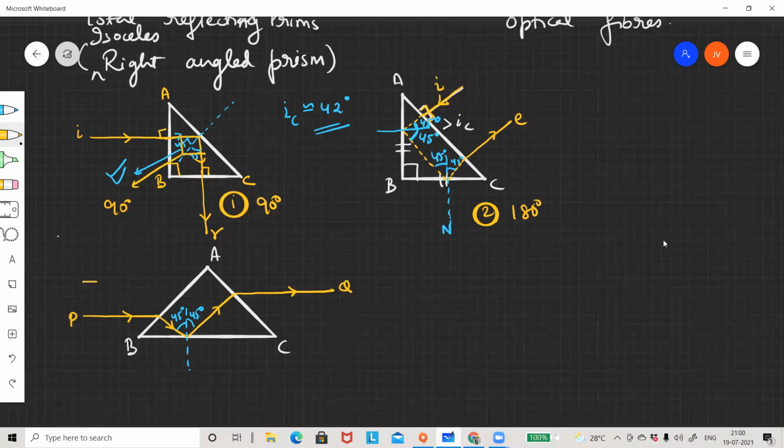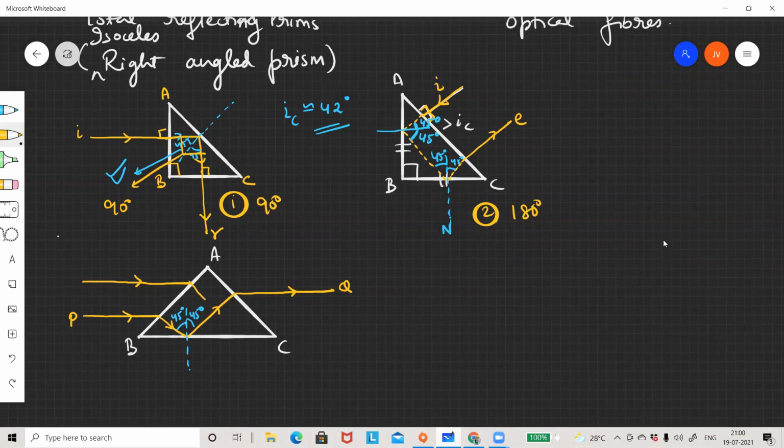Let us have one more ray from the object. From the object, we can have a beam of light. Out of the beam of light, I'm taking two rays, because for image formation, we take two rays. And this ray, after being incident on surface AB, is refracted.